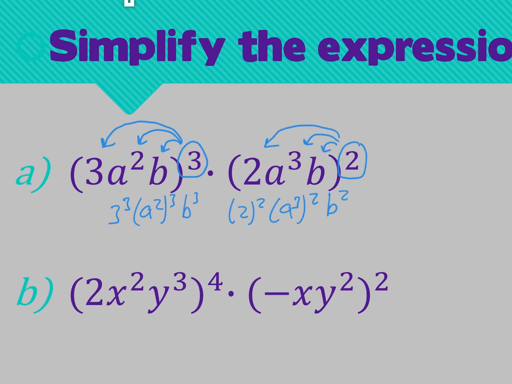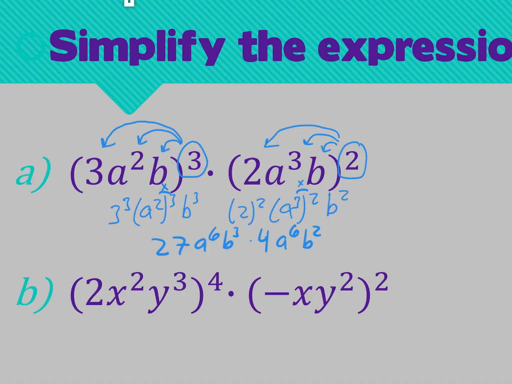Simplifying all of these, 3 to the third, we've done that before, should get you 27. Power to a power you're going to multiply, this is going to get you a to the 6, and b to the third. 2 squared, that's going to get us 4. A to the third to the second, power to a power you multiply, and b squared you can leave alone.